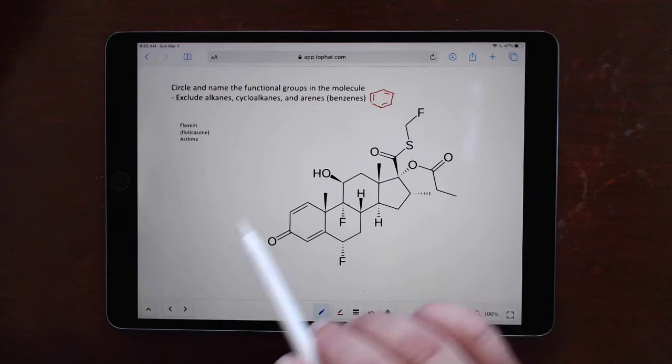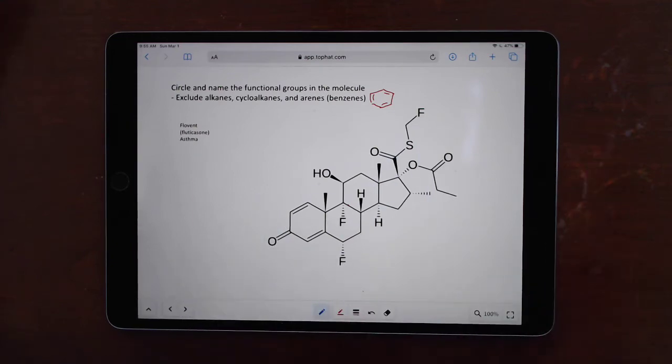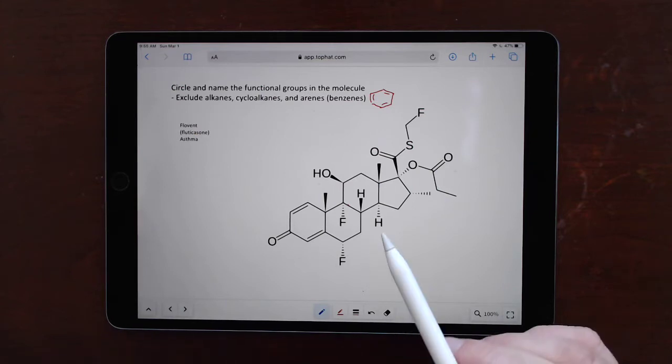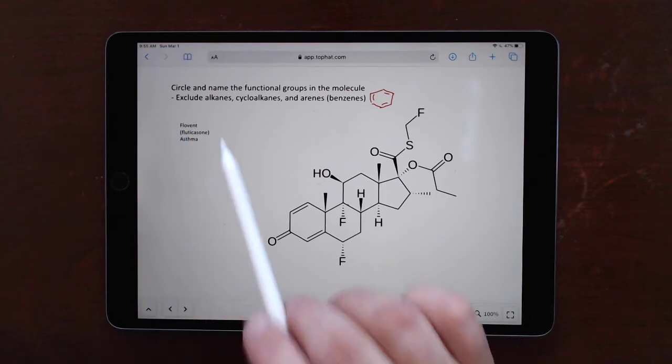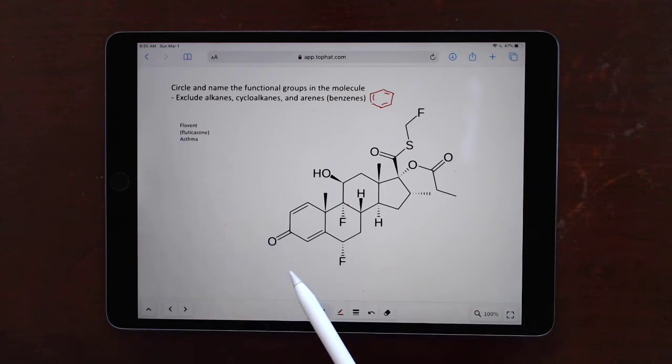So what you're going to do is just start at one end and go to the other. Now I tell you that if there is a non-carbon at a position, or if there's a double or triple bond, there's going to be a functional group there. So this is Flovent, which is for asthma.